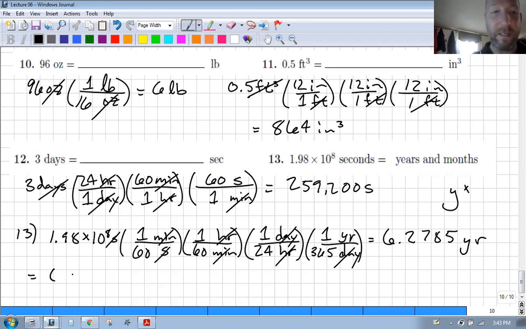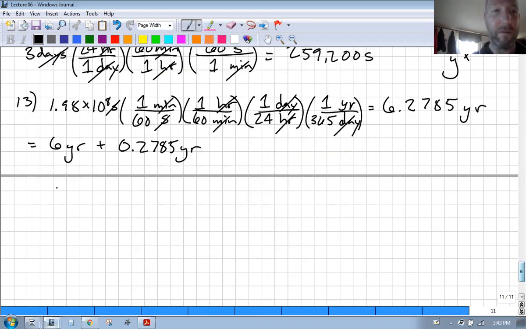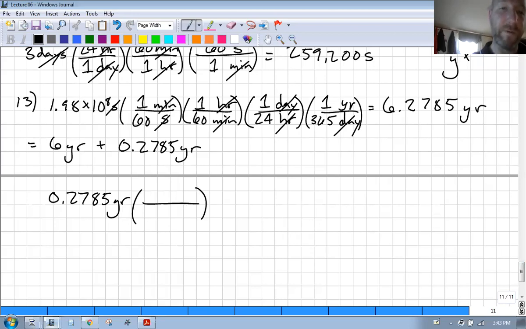So that's 6 years plus 0.2785 years. Let's find out how many months that is. So this many years, let's convert that to months.